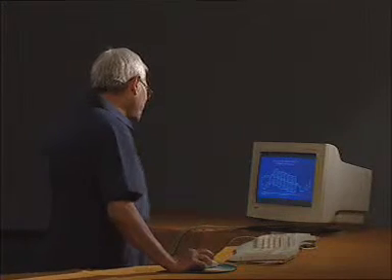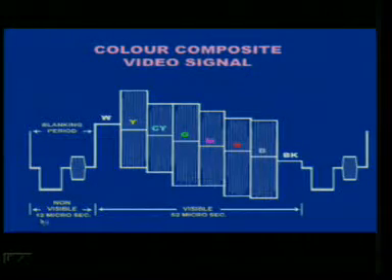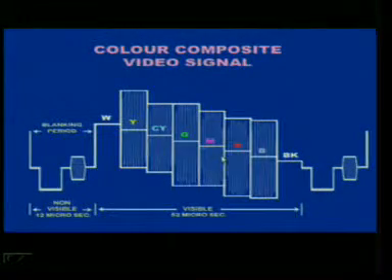The duration of the non-visible region is 12 microseconds, and the duration of the visible portion is 52 microseconds, and the signal which is shown here in this form is of a particular picture. What is that picture? Let us see here.